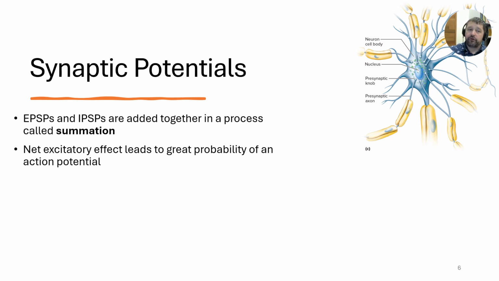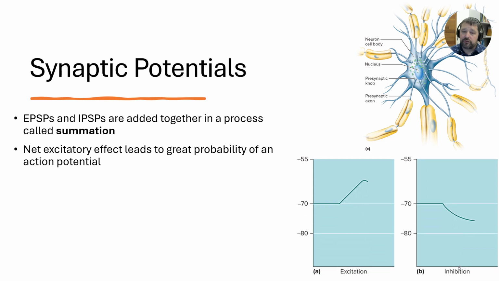If there's a greater amount of excitatory, then an action potential probably will occur, or the likelihood is much greater. If there's a greater amount of inhibitory, the action potential is probably not going to occur. So it's really based on the probability of an action potential.